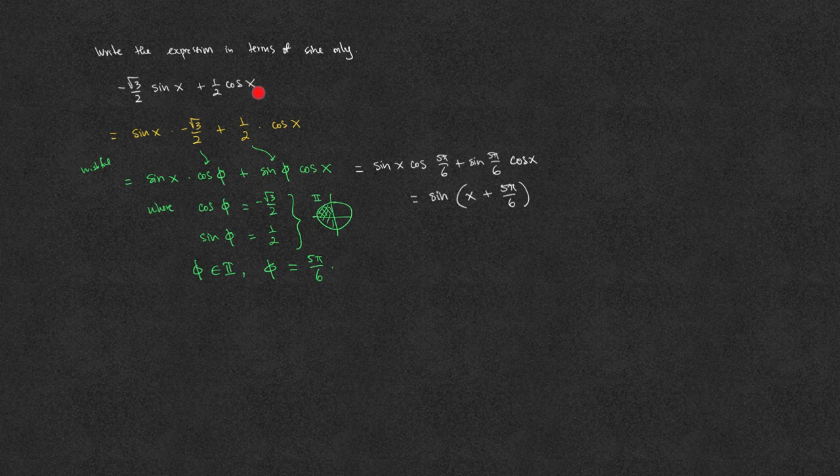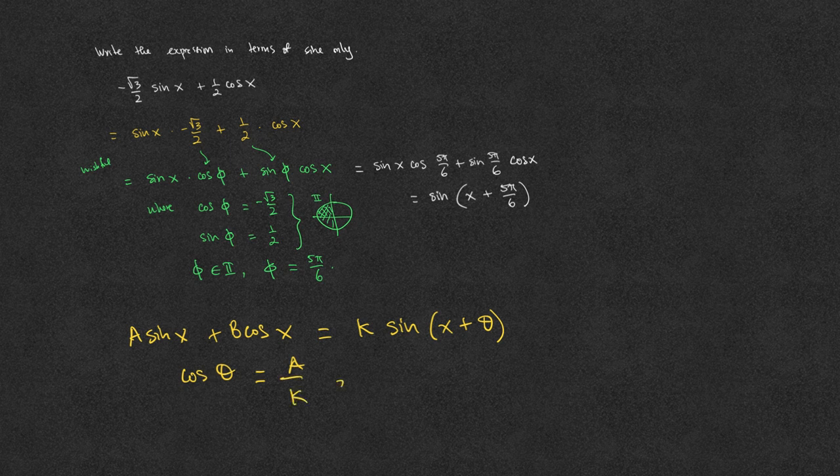It states that a sine of x plus b cosine of x equals k times sine of x plus theta, where cosine of theta is necessarily a over k and sine of theta is b over k, where k is the square root of a squared plus b squared.